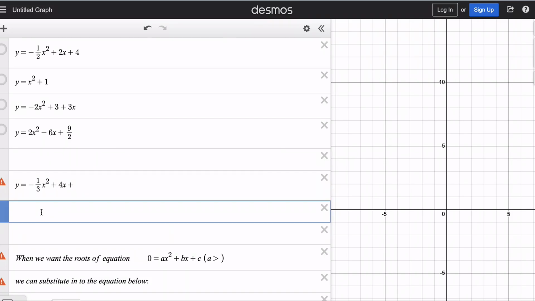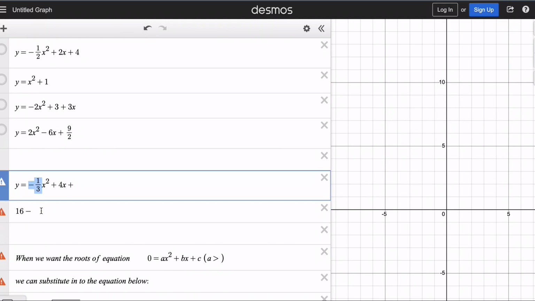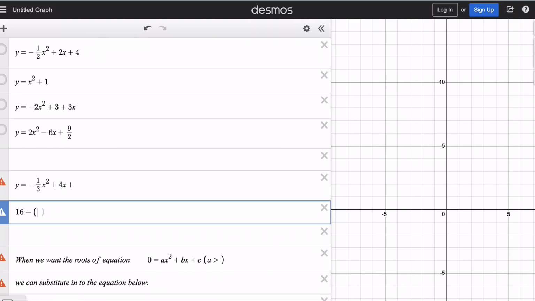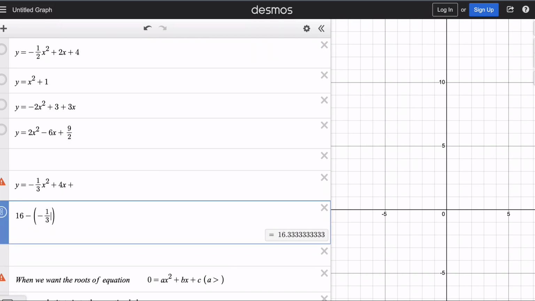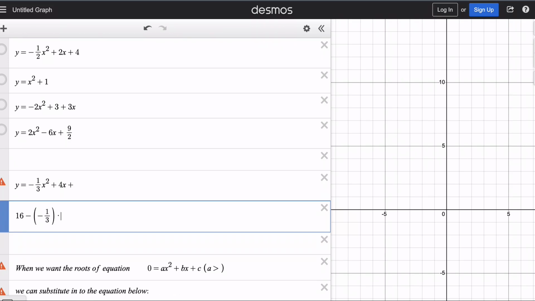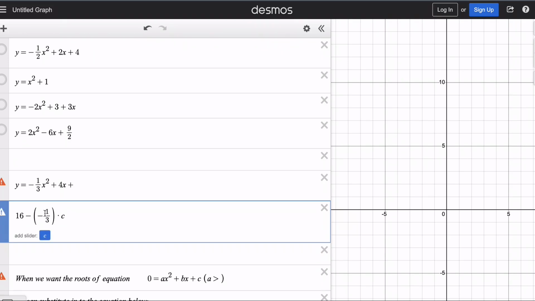What is b squared? 4 is b, then b squared is 16, right? 16 minus 4ac, with a equal to 1 over 3, so it's negative 4 times 1 over 3 times c.